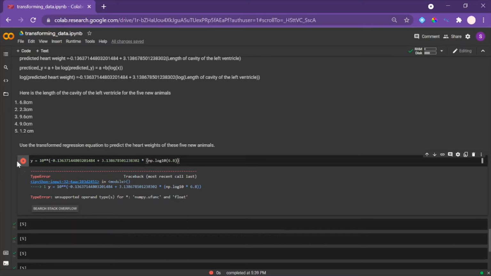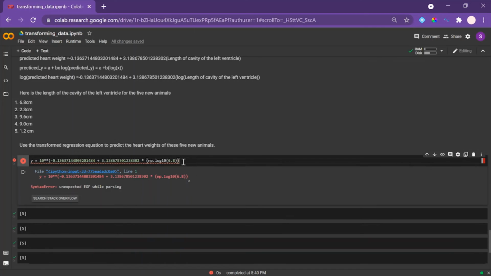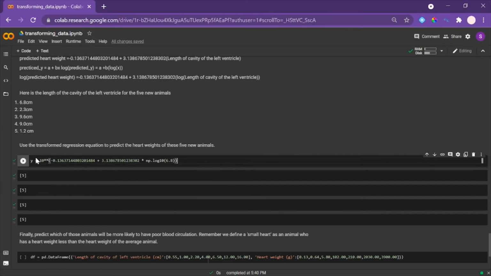Makes sense. Okay, I think we finally fixed it. So basically what we did is we canceled out the log from the y by raising it to the 10th power. Then we did the same thing on the other side. So for this side, we actually can show that we're raising it to the 10th power. We plugged in our value in here, and we use np.log 10 to get the log of 6.8. So in this case, we didn't cancel out the log on this side, okay?